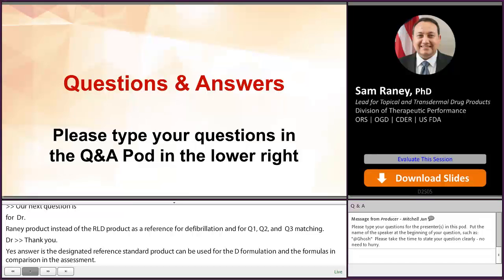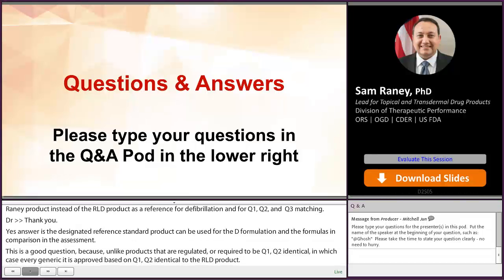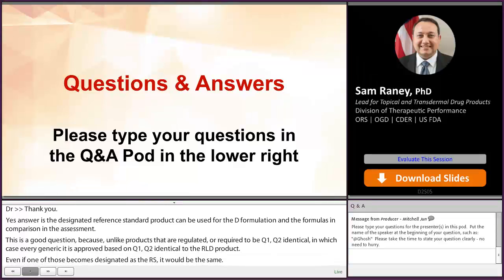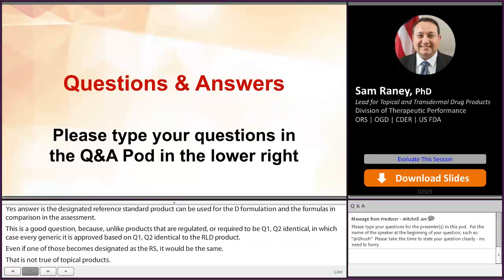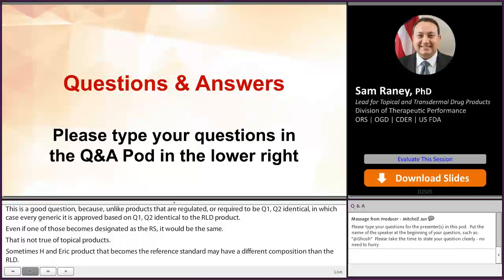That's not true for topical products. So sometimes a generic product that becomes the reference standard may have a different composition than the RLD, and it is acceptable to use that as the designated reference, so the RS can be used in that way.